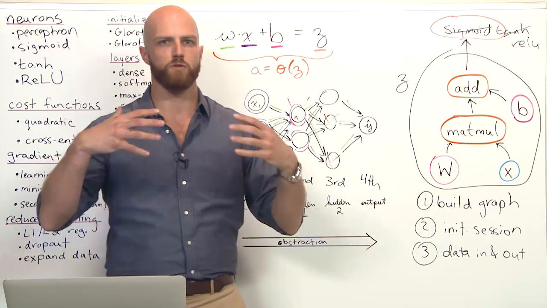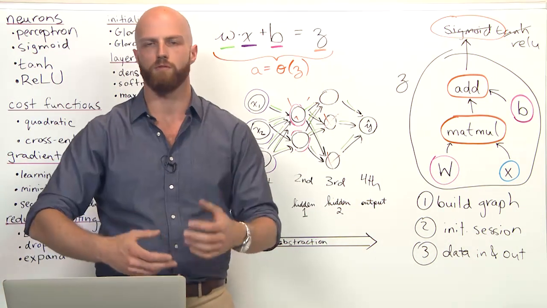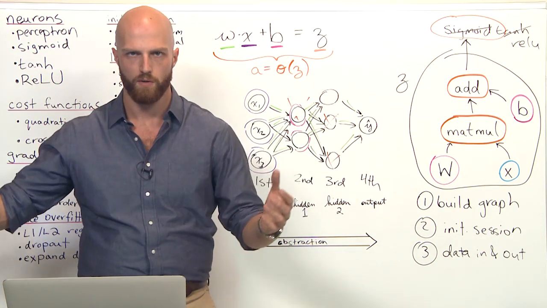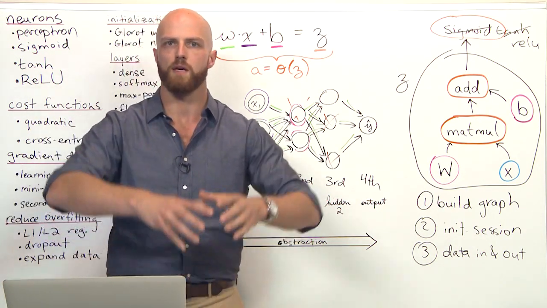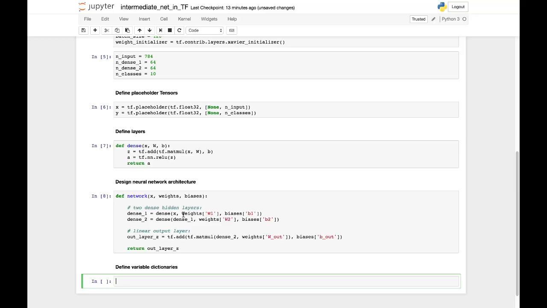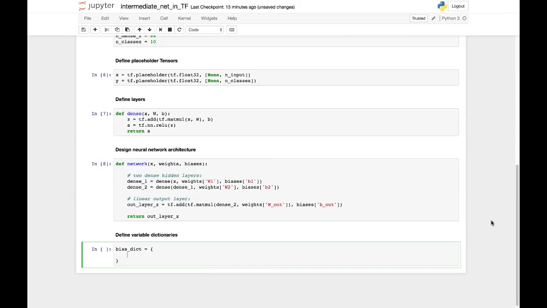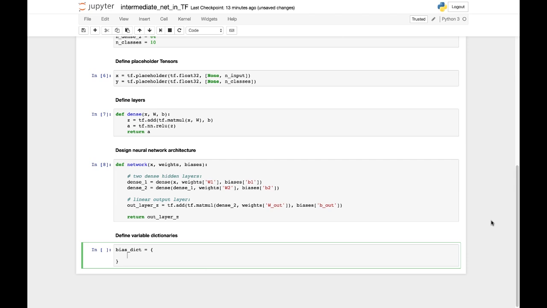We want those stateful variables to remain over multiple executions of the graph over all of our batches within the epoch, and then over epoch and over epoch. To do that properly, we're first going to create a dictionary for our biases. The biases are a little bit simpler to define relative to the weights. So we use curly braces to define our dictionary in Python.